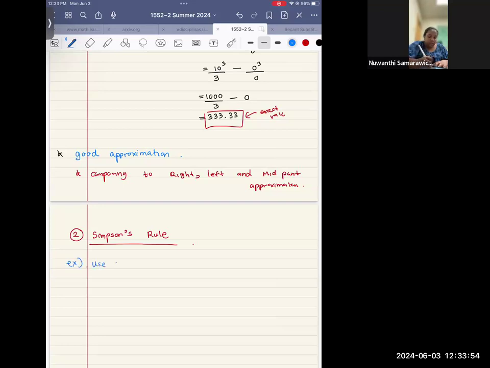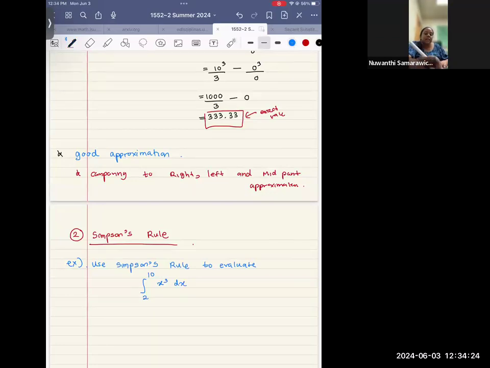Use Simpson's rule to approximate, or to evaluate, the integral from 2 to 10 of x cubed dx.